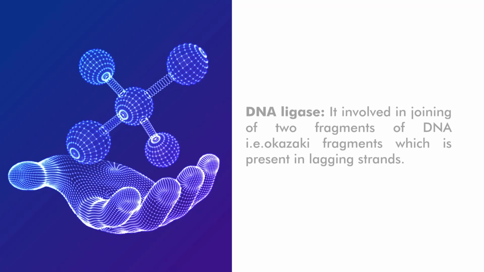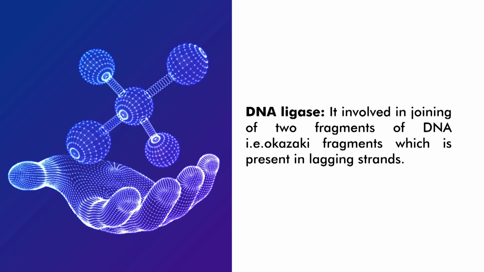Several sites that are methylated by the DAM methylase are present in the E. coli origin, including those 13-mer binding sites for DNA A protein. Next enzyme is DNA ligase. It is involved in joining of two fragments of DNA.